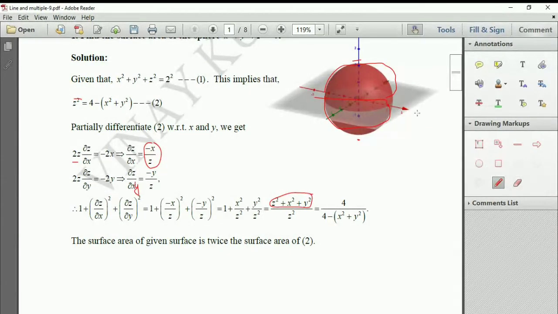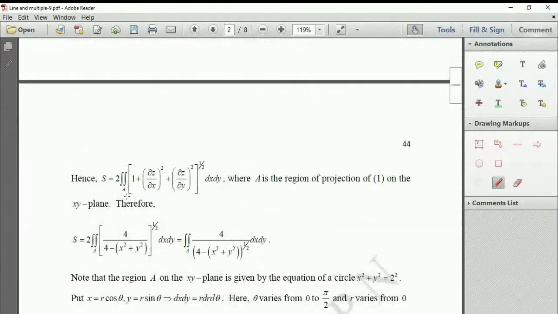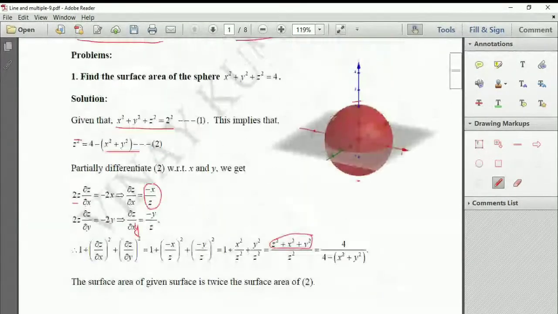So the surface area of the whole is twice the surface area of the half of this. So I can say surface area is equal to twice of this upper half.